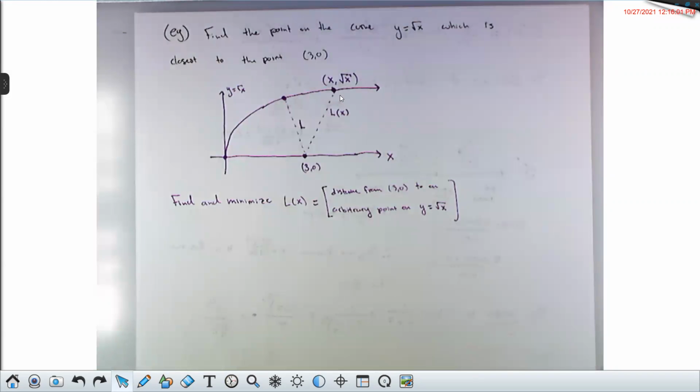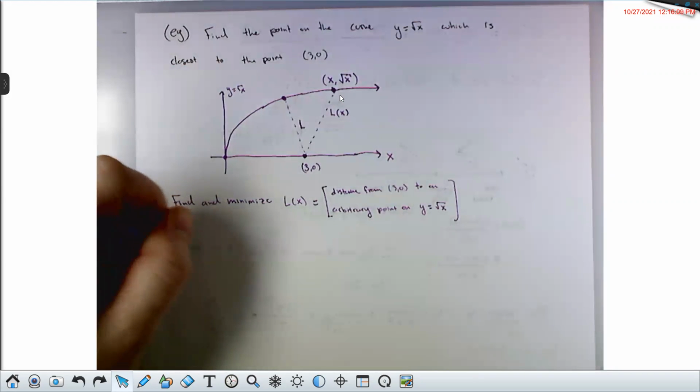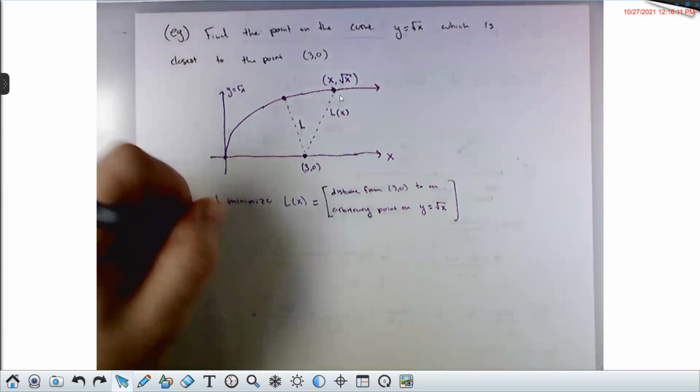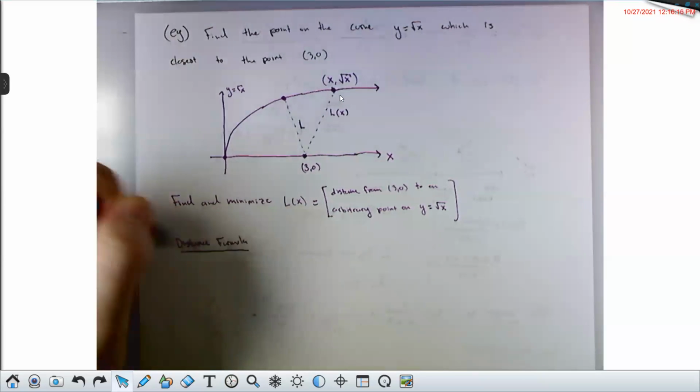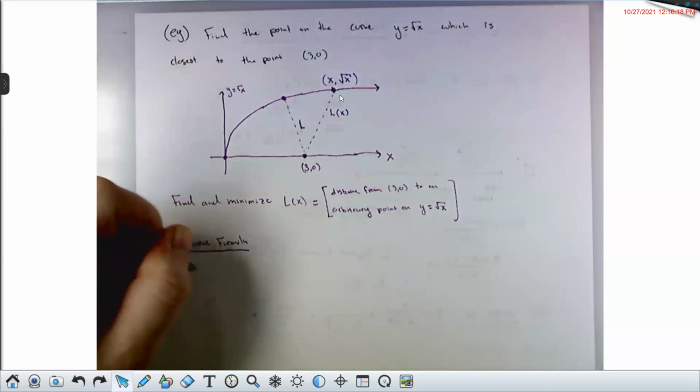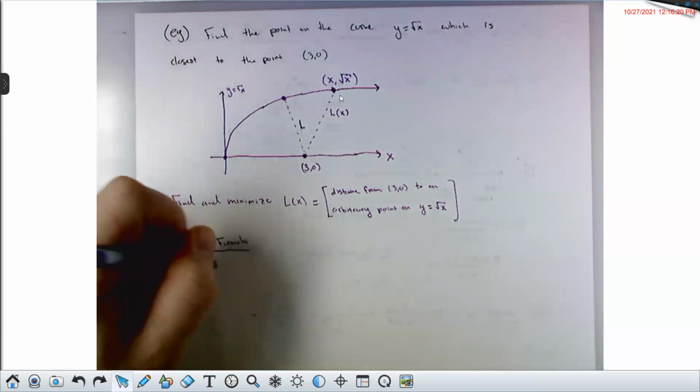Obviously, to do this, I need a formula for the function L of x, and that's going to be a bit of a challenge. Does anybody remember the distance formula? Square root of x2 minus x1 squared plus y2 minus y1 squared. Good.